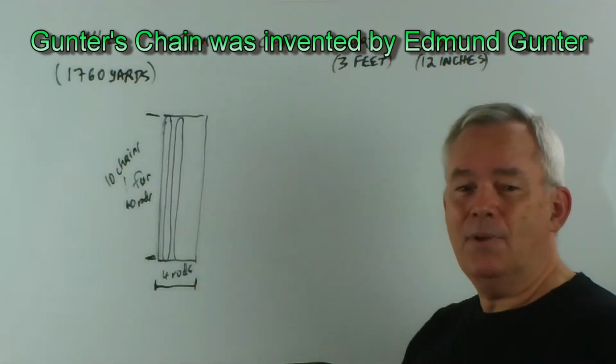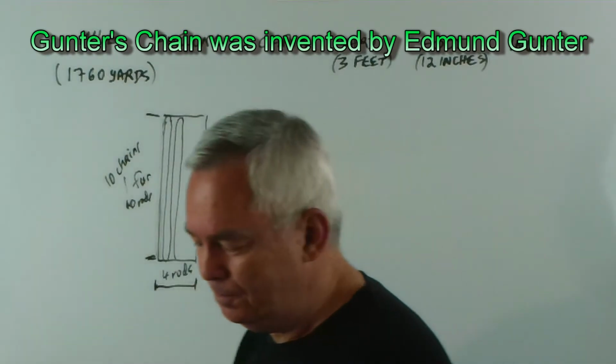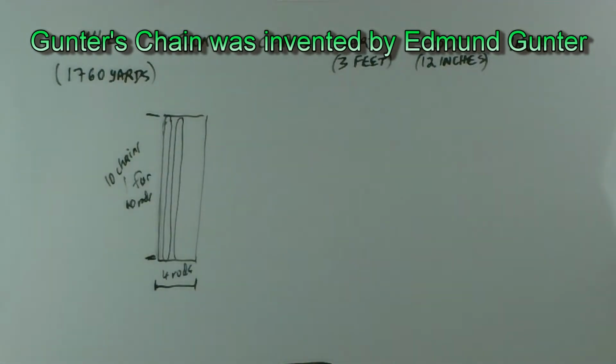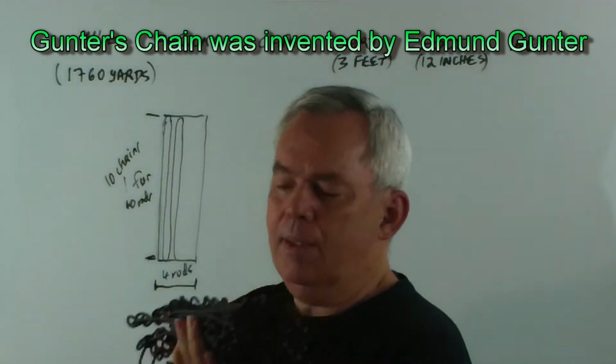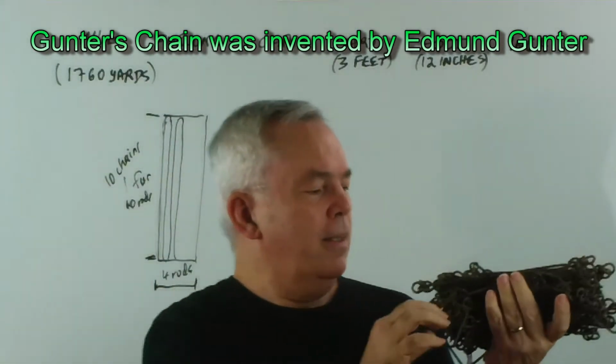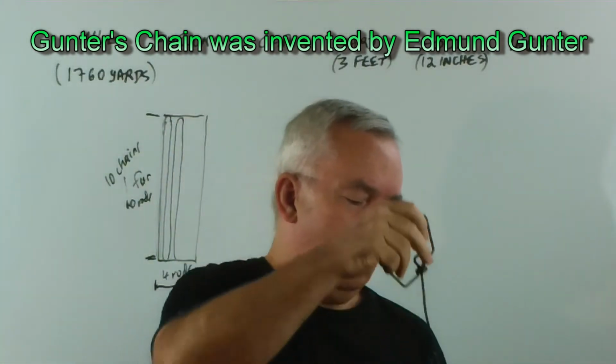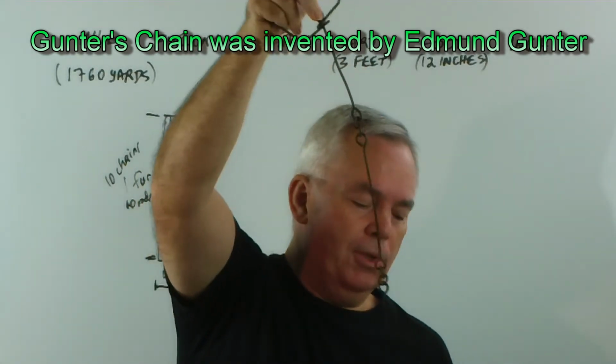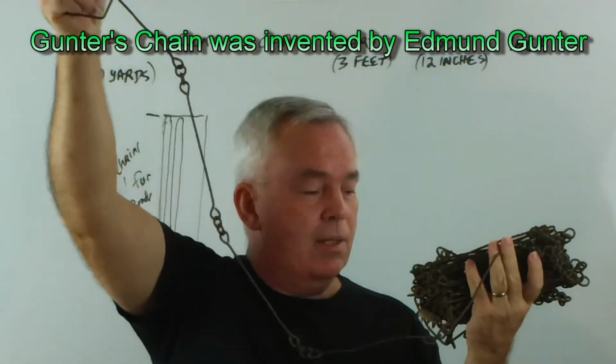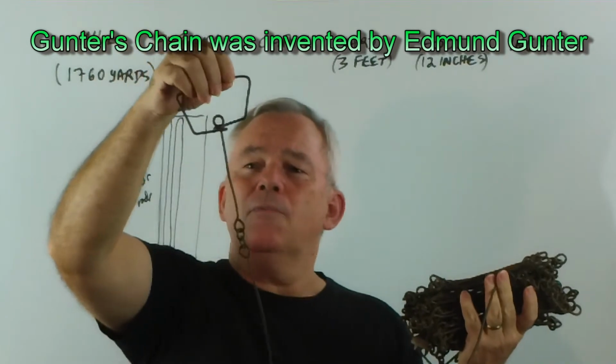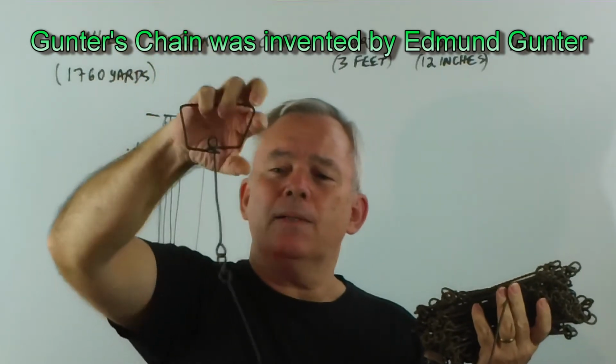Now, I actually have a Gunter's chain, and here it is. It's made of 100 links, and this was Gunter's attempt to make it a metric system. Very, very basic.